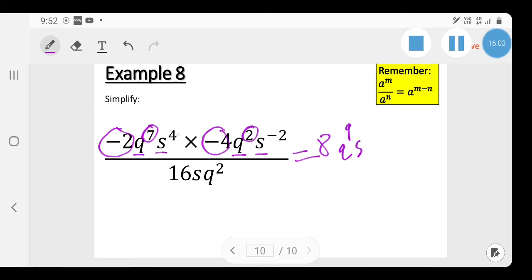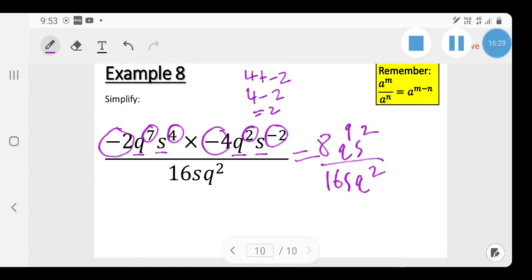And the powers on the S, 4 plus minus 2, means 4 minus 2, which is 2. Okay? So S to the power of 2. Now I remember that there's a denominator, 16 S Q squared. Now it's a second index law problem, you see?